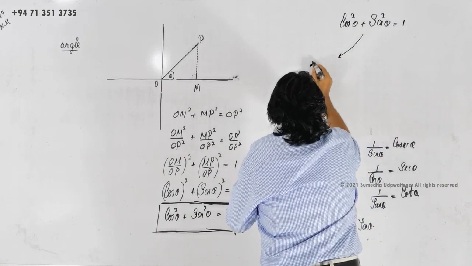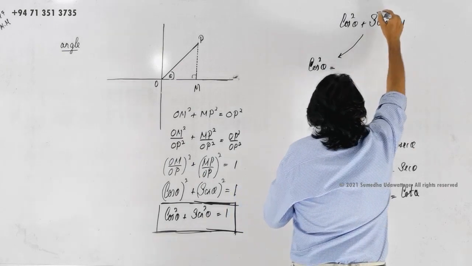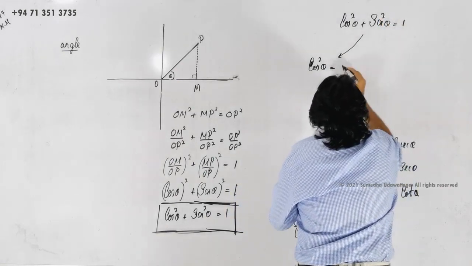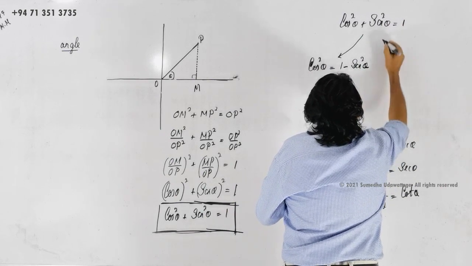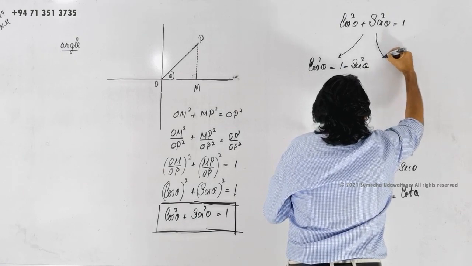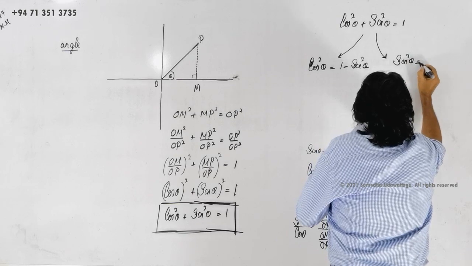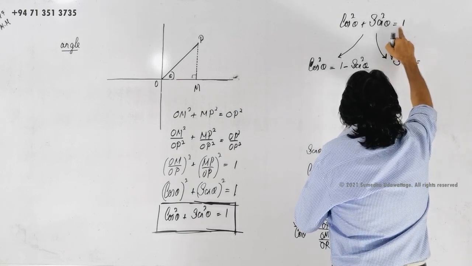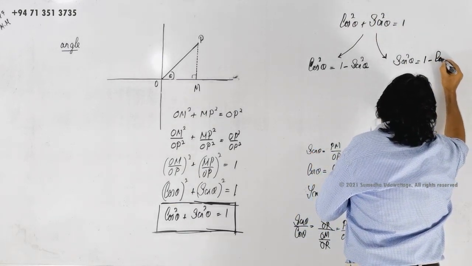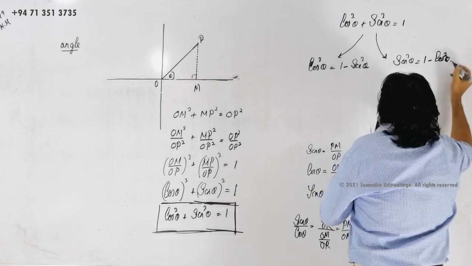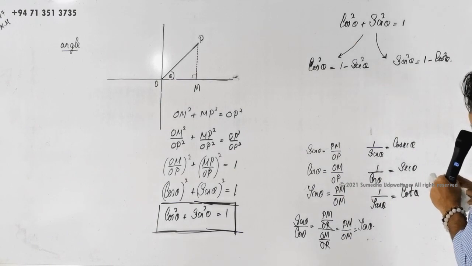Then cos square theta is equal to 1 minus sin square theta, taking sin square to the other side. And sin square theta is equal to 1 minus cos square theta, taking cos square to the other side.